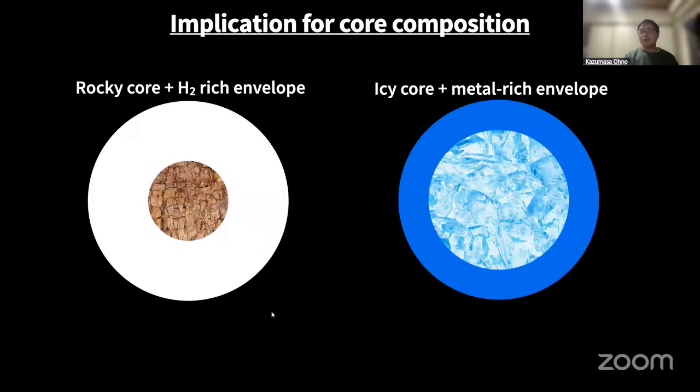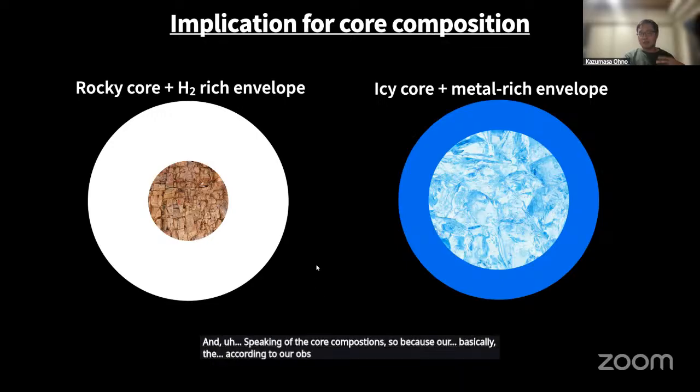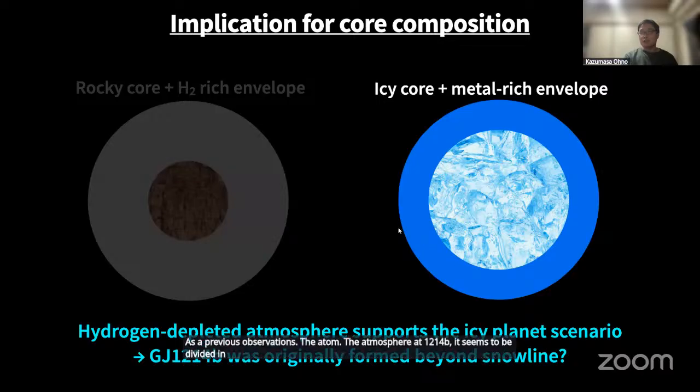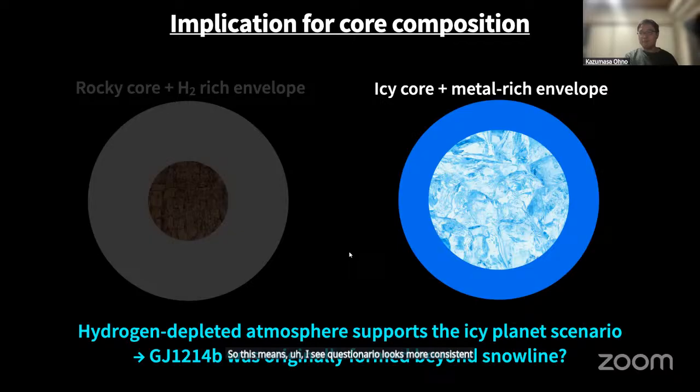And speaking of the core compositions, according to our observations and other previous observations, the atmosphere of GJ1214b seems to be depleted in hydrogen. So this means the icy core scenario looks more consistent.